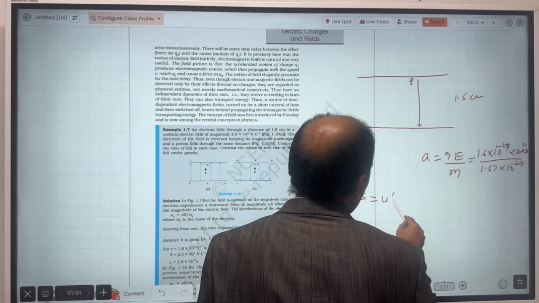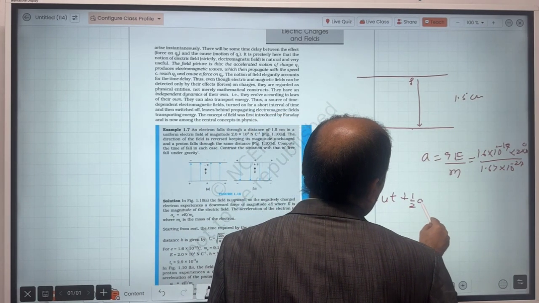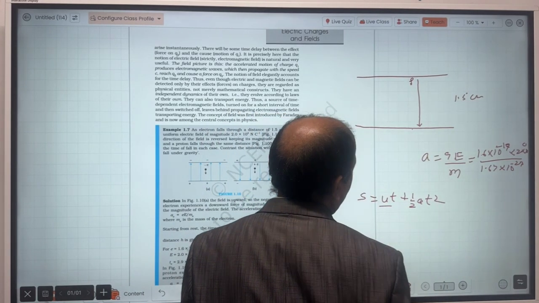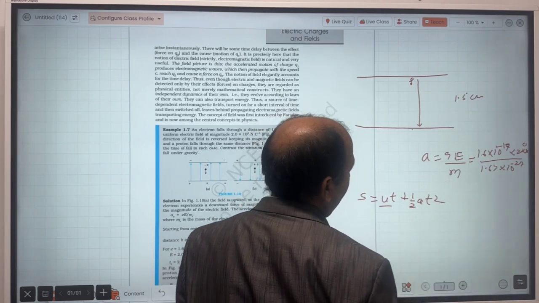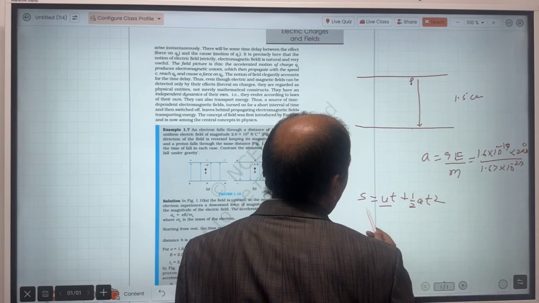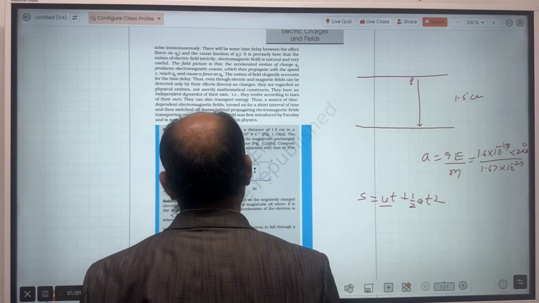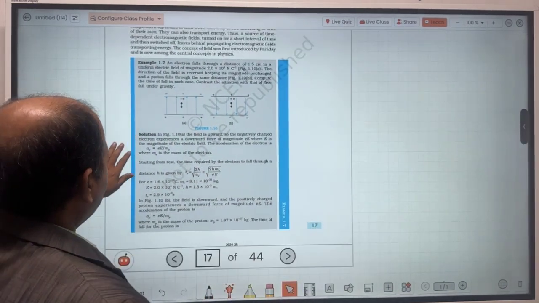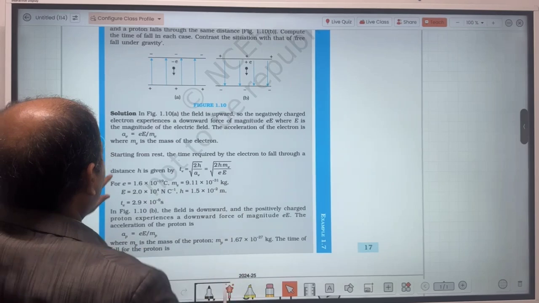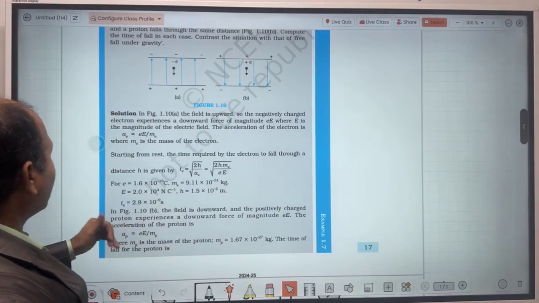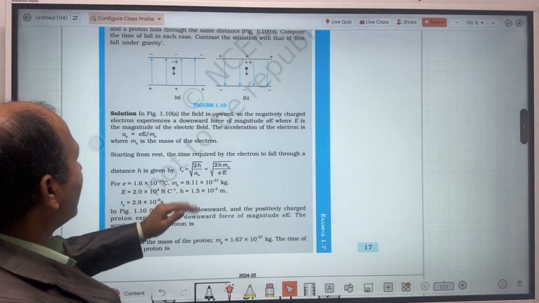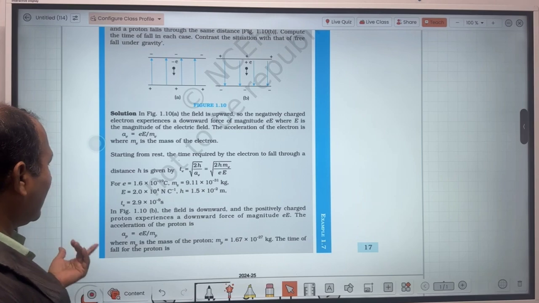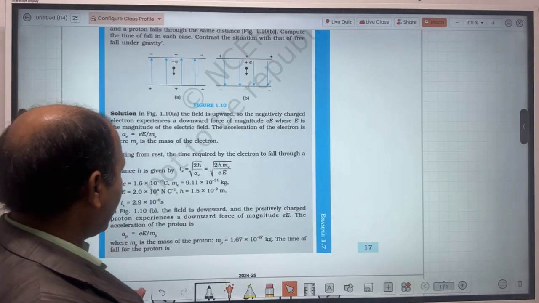S equal to ut plus half at square. So u being 0, acceleration you can get from here, time you have to find out, and S is given. So the question is simple. Here the calculation is not done for you. They have just put the values directly. So calculation is your part, you can easily calculate.